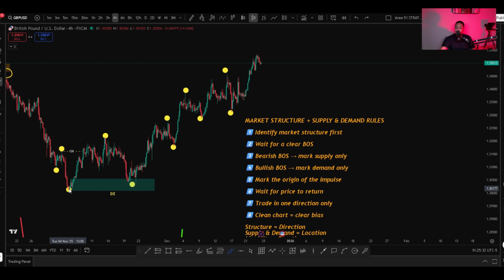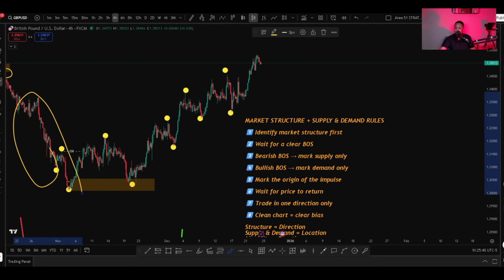For them to buy, there have to be enough sellers so that they can buy from them. A lot of retail traders don't focus on what's going on right here. Their problem is they're only focusing on what's going on within the internal market structure.